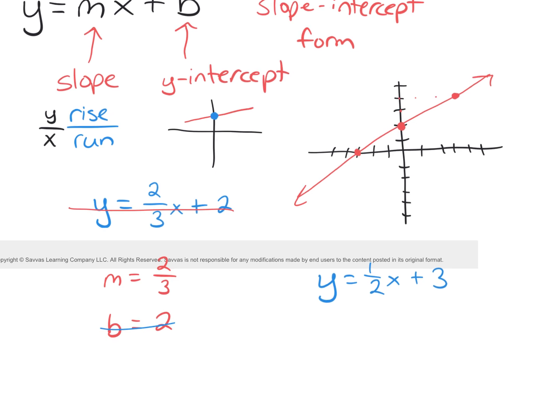Okay, so what is my slope? 1/2. What is my Y-intercept? 3. Okay, so what's my starting point? 3 on what axis? The Y. So I'm here.